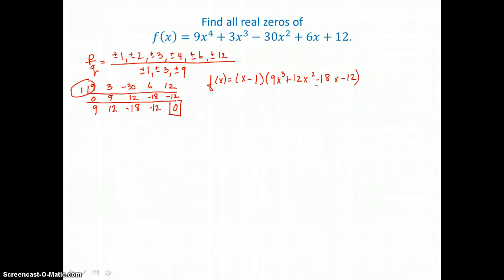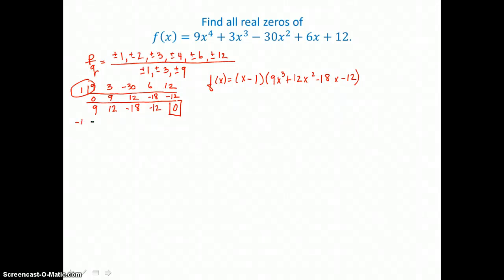I can try grouping, but those binomials that I'll factor out of groups of terms here are not going to be the same. So we have to continue with possible rational zeros, and since my constant term is still 12 and my leading coefficient is still 9, I'm looking at that same list of possible zeros.